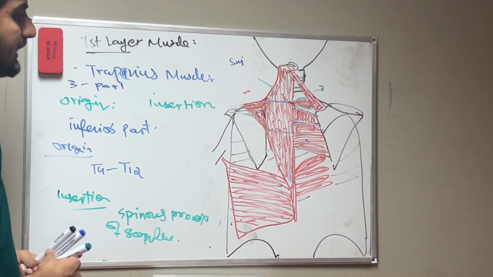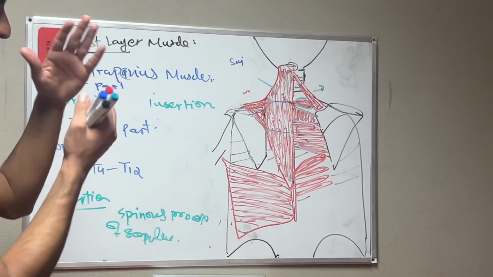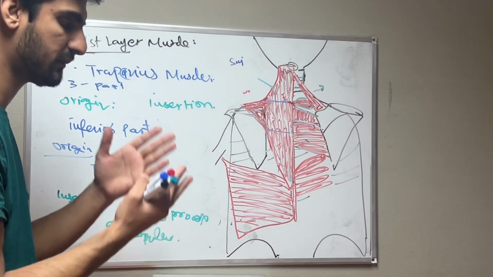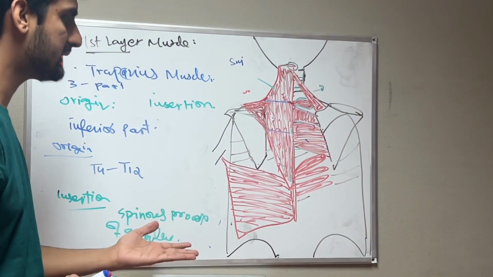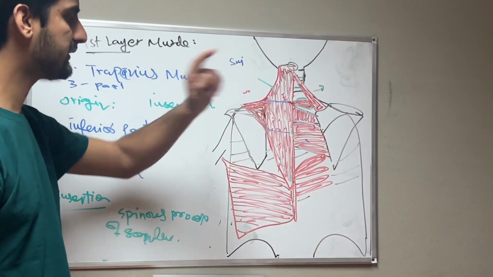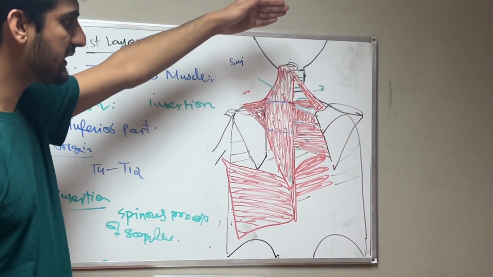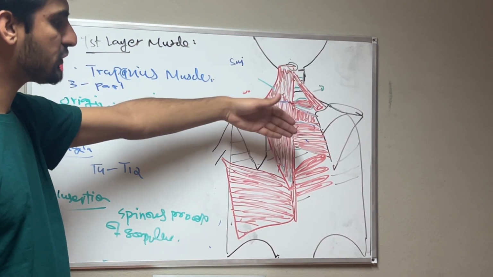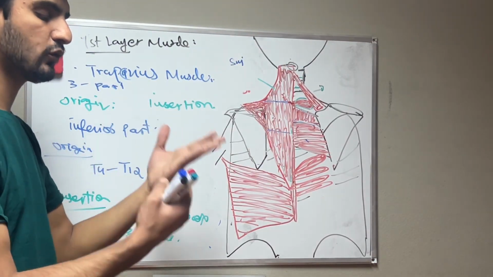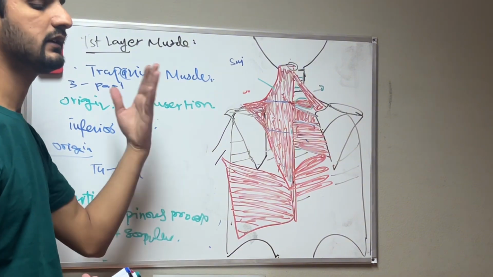Okay, these are the trapezius muscle of the superficial group of back muscles. We have the first layer muscle, trapezius, which has three parts: superior, middle, and inferior. The superior part, we discussed, originates from the nuchal ligament, external occipital protuberance, and superior nuchal line, then inserts into the acromial end of the clavicle and the acromion process. The middle part originates from the C7 prominence, the vertebra prominens, going to thoracic vertebra 4, and inserts into the spine of the scapula and acromion process.